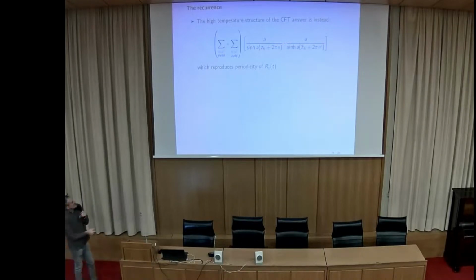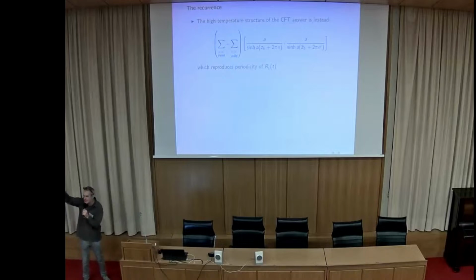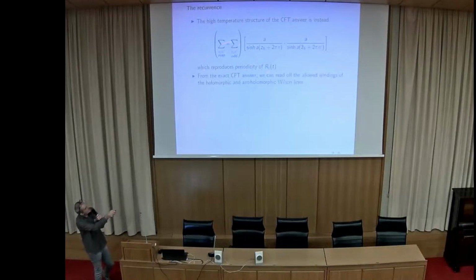So now we can use the fact that each of those factors, in fact, has a nice interpretation in terms of a Wilson line with appropriate number. So what this formula tells us is that we can read off, from the exact CFT answer, what are the allowed windings of the holomorphic and anti-holomorphic lines?